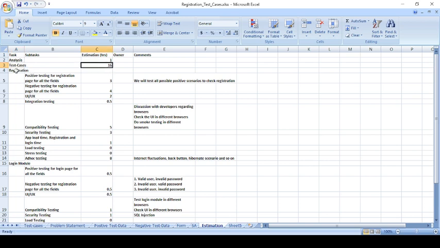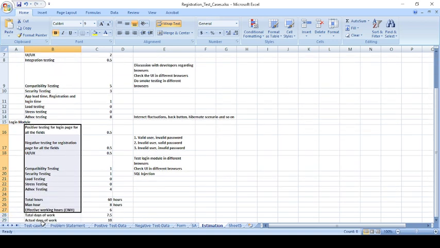Then you have divided the whole testing into registration and login module, and in registration we further divide into different types of testing, and for login again we divide into different types of testing. Depending on that you can discuss it with the supervisor, and if he is okay with that, then you can take your 10 days and test the system thoroughly. Okay, so this is how we give estimation.